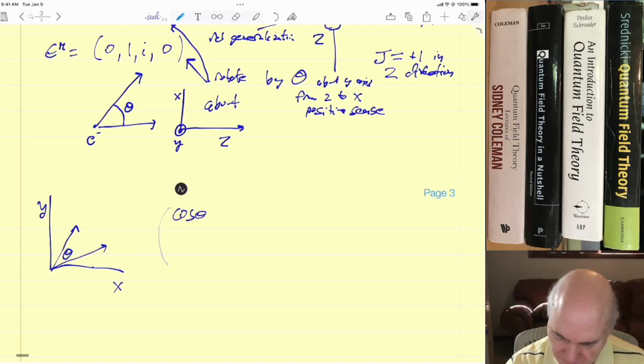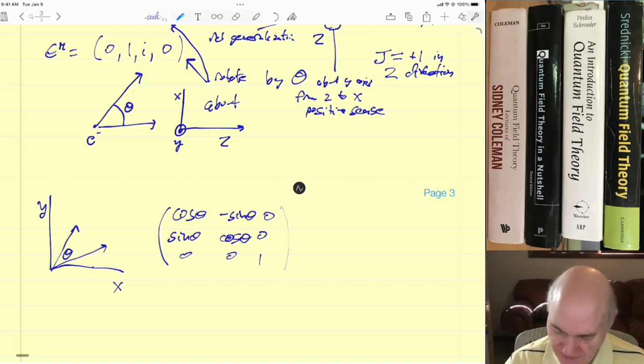Cosine theta, minus sine theta, sine theta, cosine theta, 1, 0, 0, 0, 0. Now, how do you know this? Well, take a vector that just has an x component, 1, 0, 0.